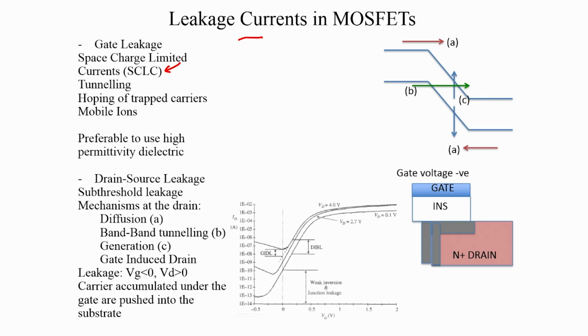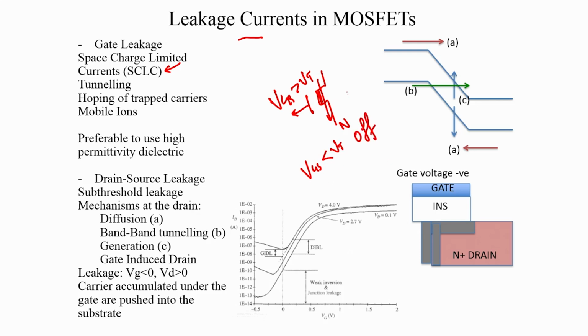Now, firstly, why is the study of leakage currents so important? It is important because when you have an n channel MOSFET, when V_GS is greater than V_T, the MOSFET is said to be on and you are supposed to have a current through the MOSFET, and when V_GS is less than V_T, we technically want the MOSFET to be turned off.